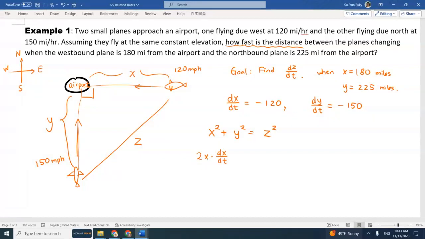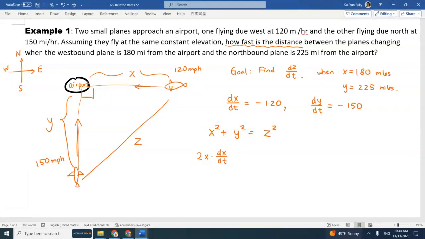I know in the last session, because you were taking the derivative with respect to x, dx is 1. But now you're not taking the derivative with respect to x. You are taking the derivative with respect to t. Okay, everybody? So for every variable, after you differentiate, multiply by d of that variable over dt.